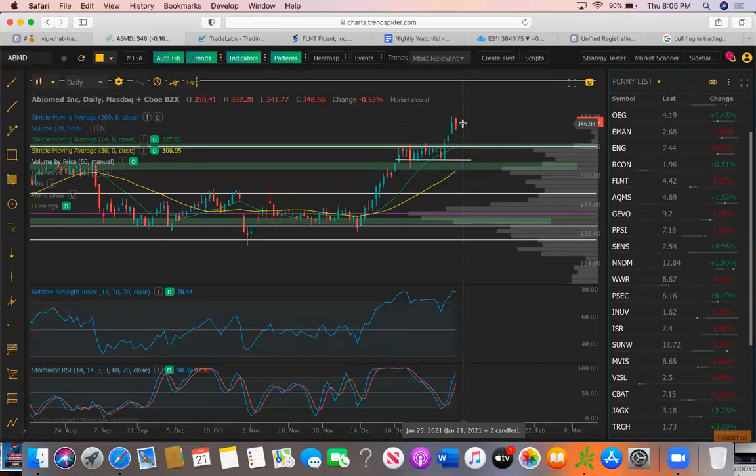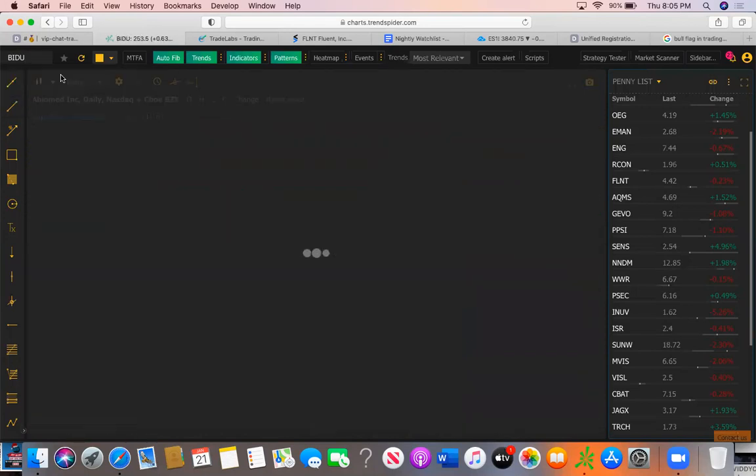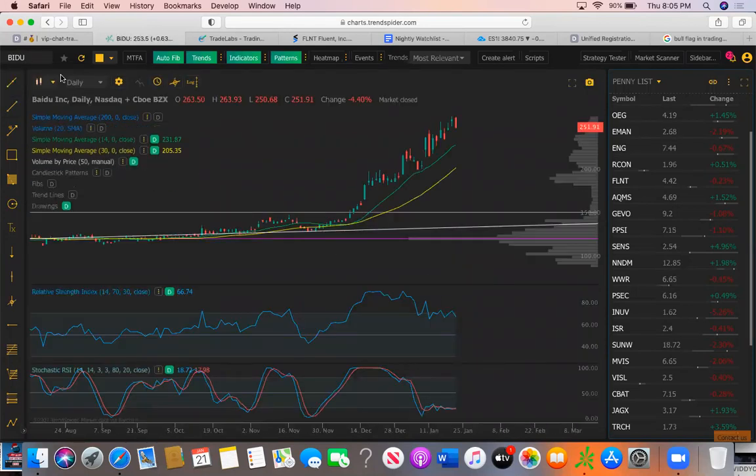I mean, I've seen BIDU have like two weeks of inside days inside of a big candle, and then it broke out even higher. And I'll show that example right now quickly too. I don't want to take much more of anyone's time.